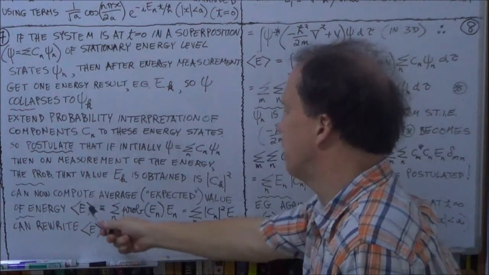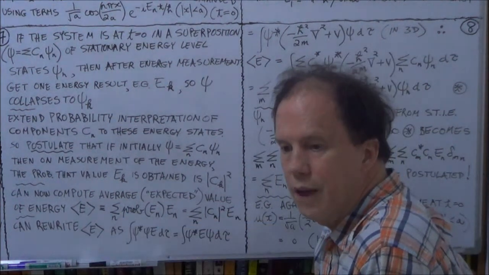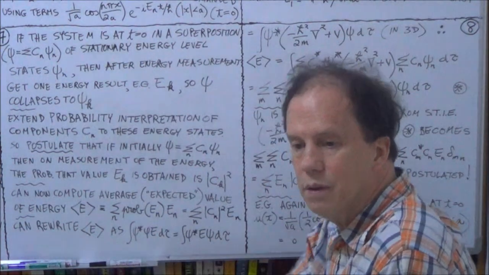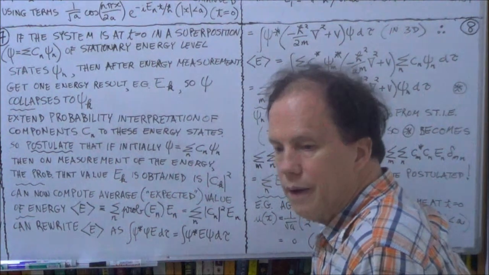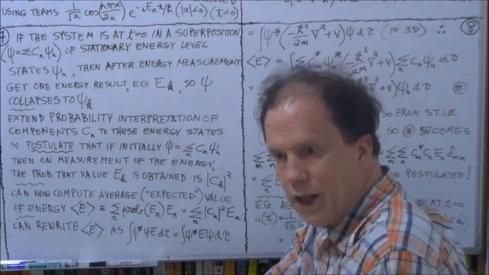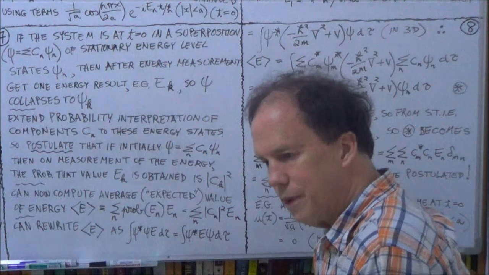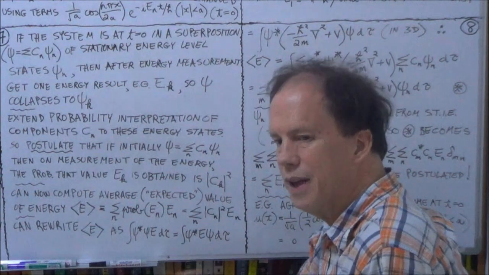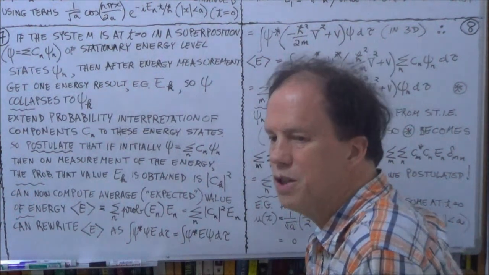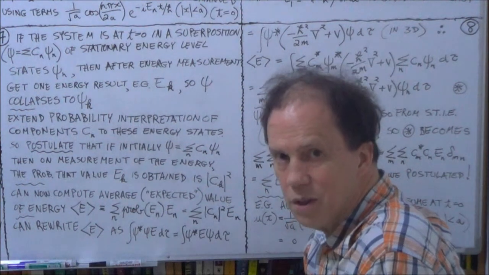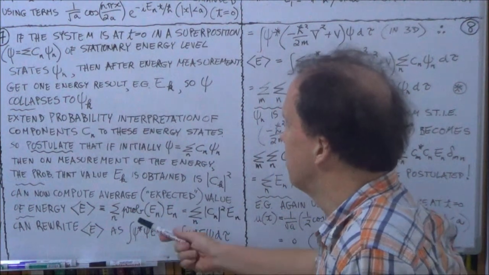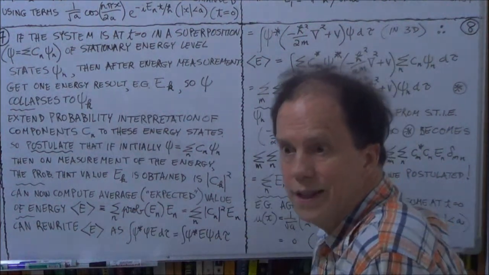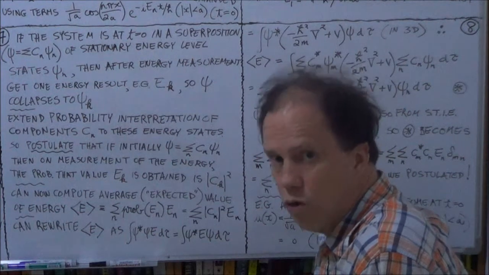So, for example, let's try to find the average value. Say you perform a zillion measurements on the same system. You prepare it similarly again and again, as accurately as you can. You set up the same system the same way, and you perform a zillion measurements. What's the average energy that you would expect? We'll show that what you expect, based on this assumption, is what you actually get using the Schrödinger equation.